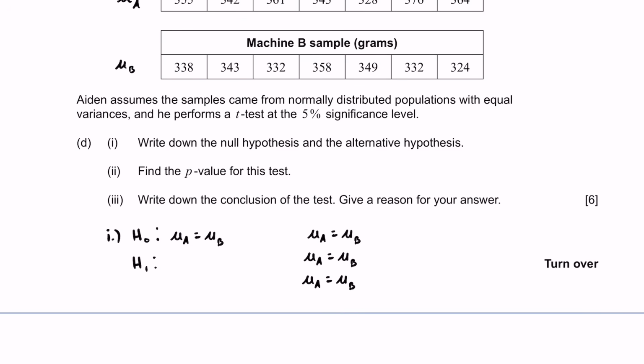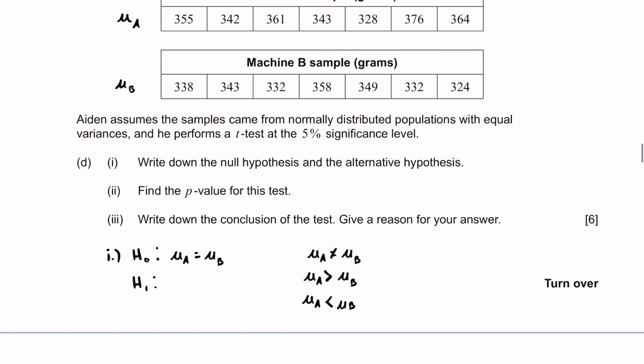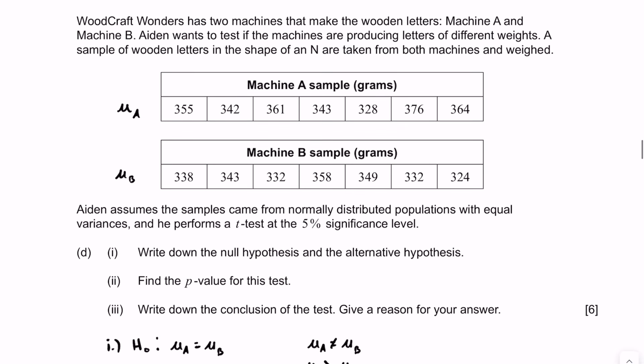We can either have mean A and mean B, the average of machine A and the average of machine B, just different. They're different means. Could be that mean A is bigger, or it could be that mean A is smaller. To find out what exactly Aiden is testing for, we just have to read the question.